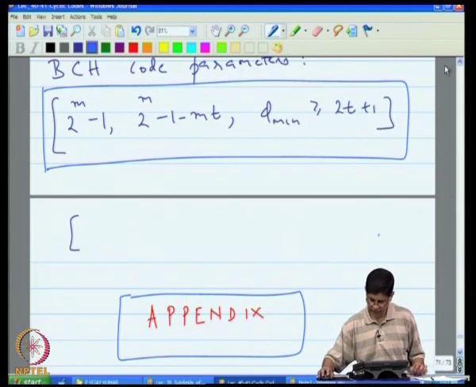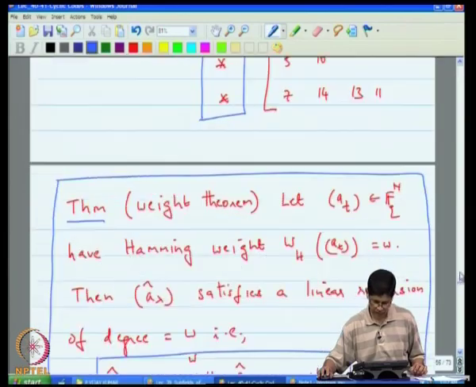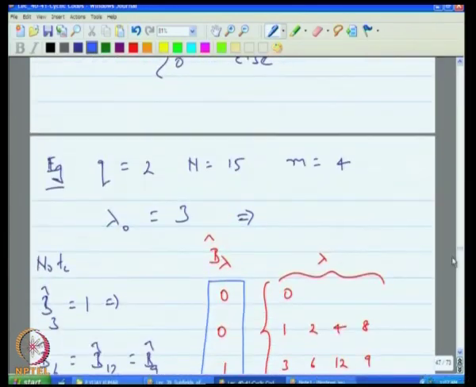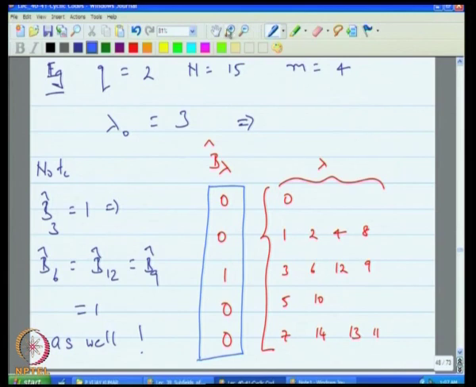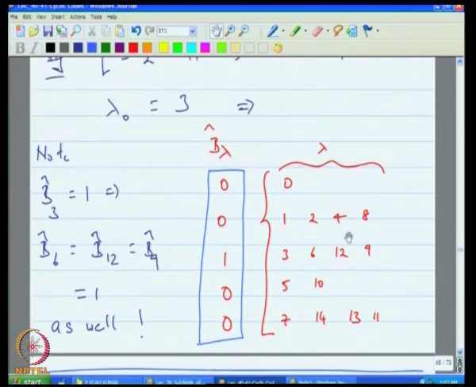And our earlier example here was of the same flavor, because this code was actually a BCH code of minimum distance 5. In that case you would insist that the consecutive zeros be 1, 2, 3 and 4, and by ensuring that 1 and 3 belong, you ensure that 1, 2, 3, 4 belong.